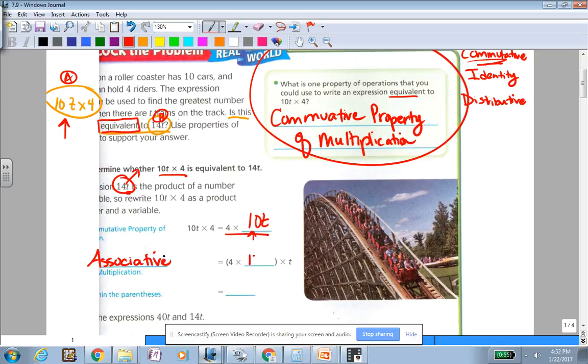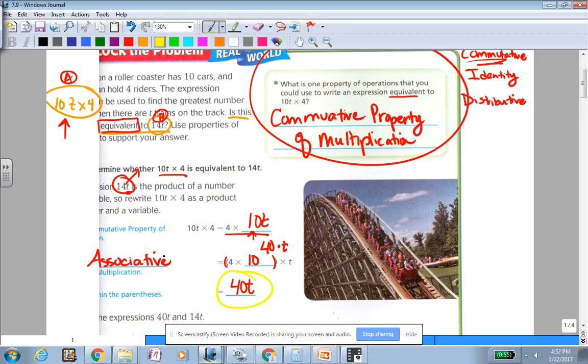So let me pull it out by itself, include it in the parentheses. That's now how I've grouped these 2 factors and then have t here. Well, what's 4 times 10? 40. What's 40 times t? That just means 40t. So now you've got 40t.